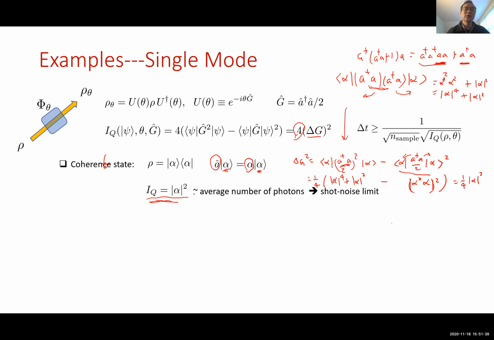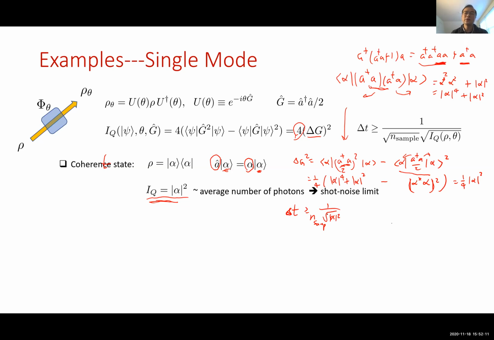So we get the quantum Fisher information is the absolute value of alpha squared, which is the average number of photons. So if we use delta theta, the uncertainty in the estimation would scale as 1 over the square root of the average number. That's the shot noise limit.